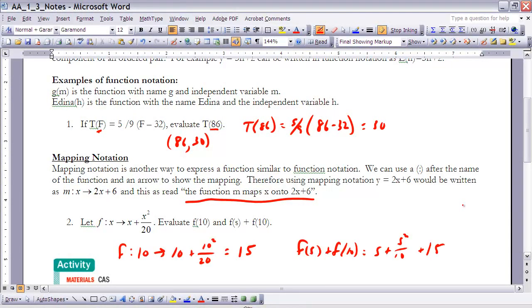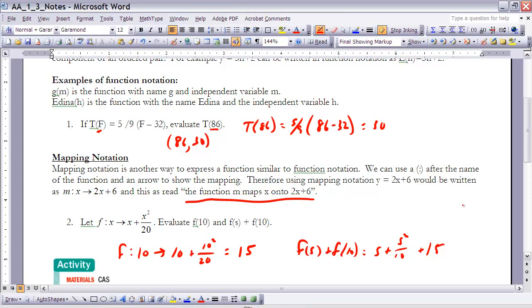As we look at number 2, it says let the function f map x onto x plus x squared over 20. Evaluate f of 10 and f of s plus f of 10. Well, f of 10 is just plugging 10 in every place that I see an x.